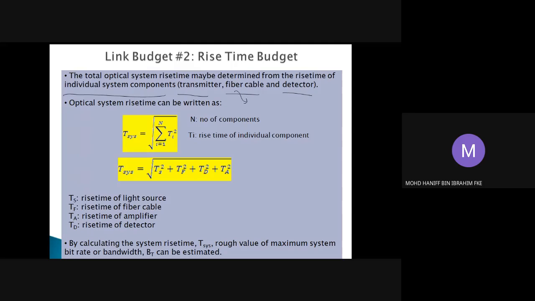For the fiber cable, there are a few components that will be contributing to the rise time. We have learned in chapter 4 that in the case of the multi-mode fiber, the dispersion will be the factor that affects the rise time of our system.